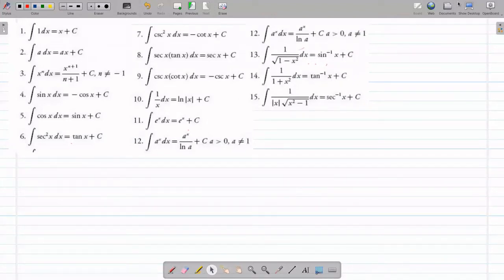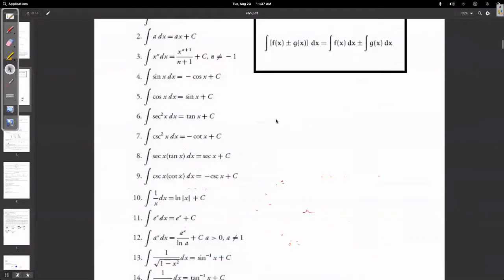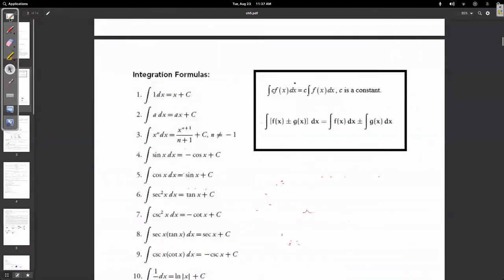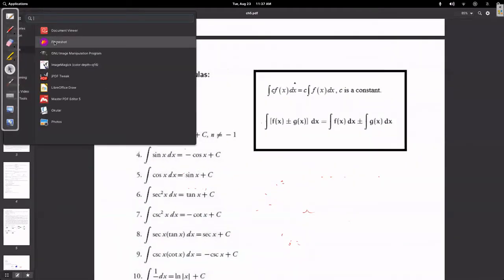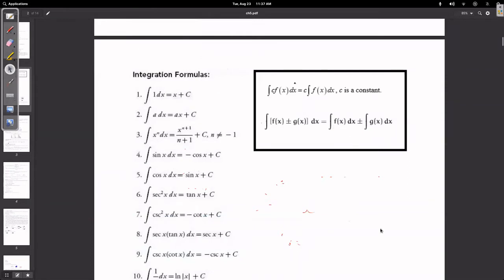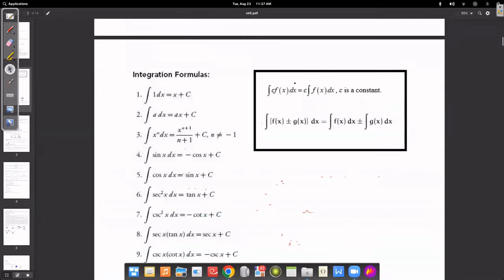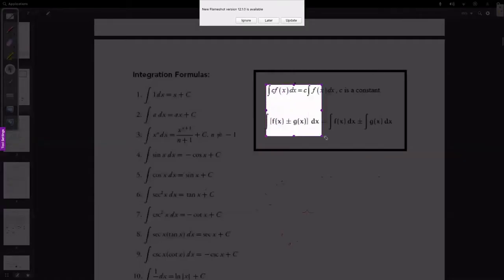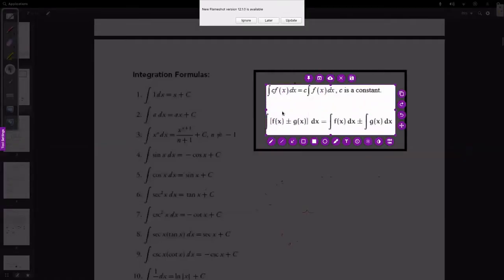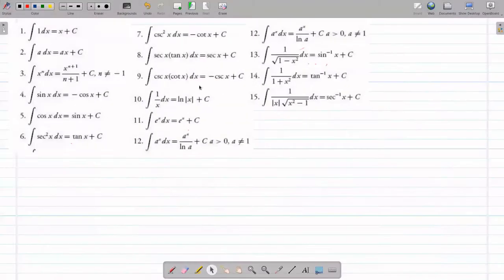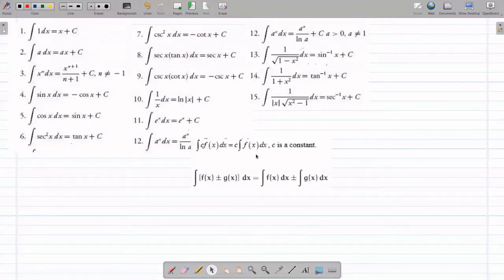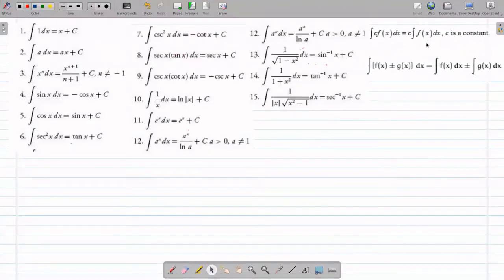Last we have this sum rule and this one. It's similar to what we did with differentiation: we have these basic formulas and then these two rules to break it down.